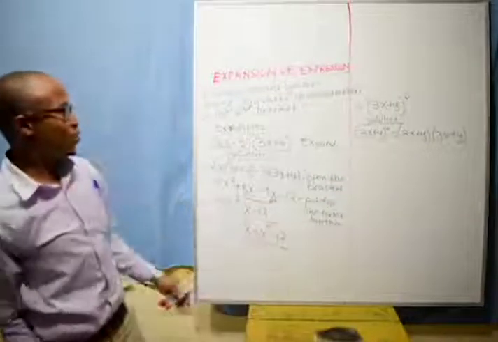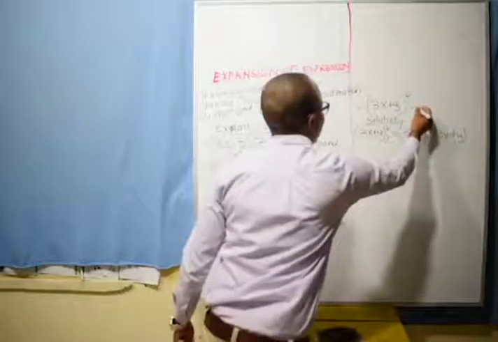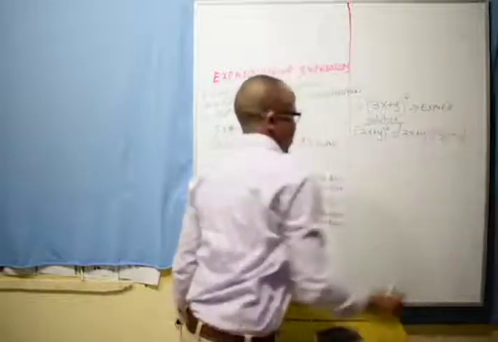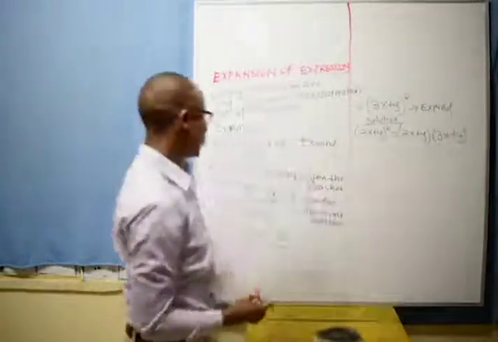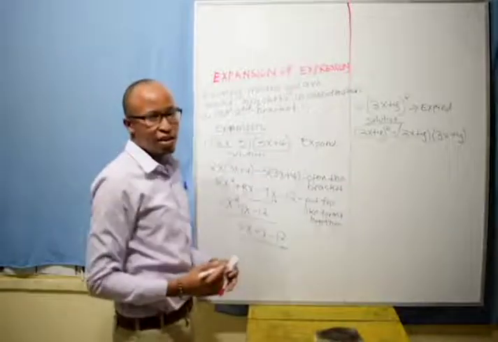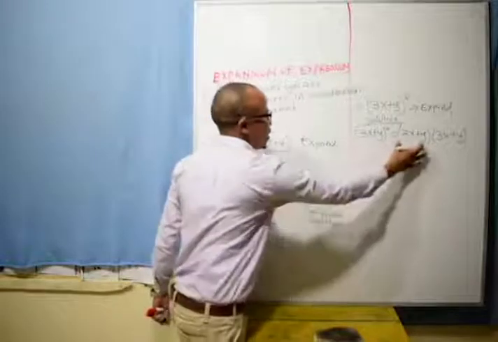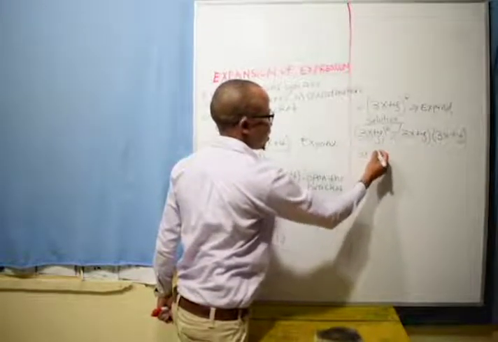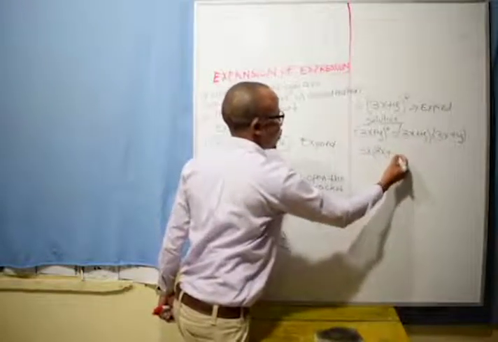And then from there you expand, because the question says you are supposed to expand. So you do the same. We have said you take the first bracket and you multiply by the second bracket. This is our first bracket, and our first term is 3x. And our second bracket is 3x plus y.